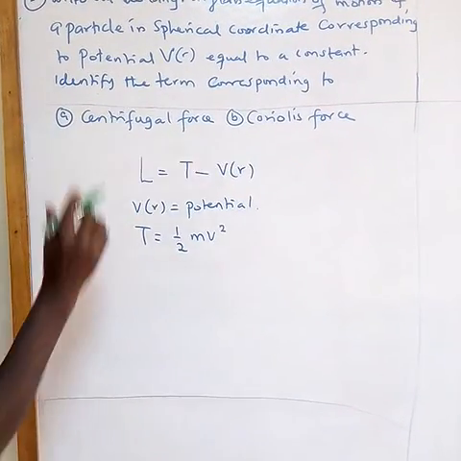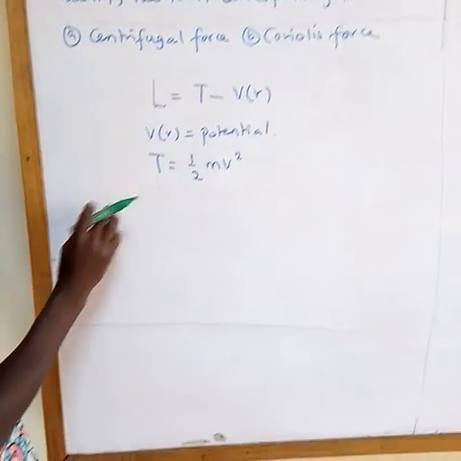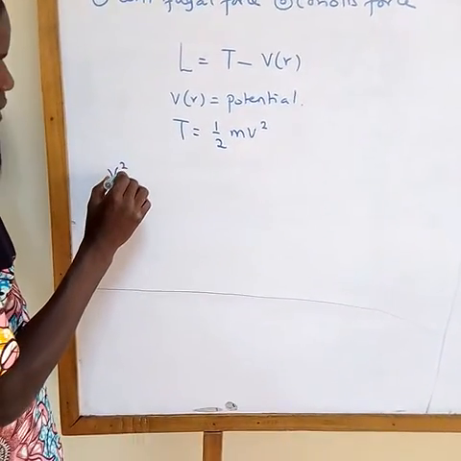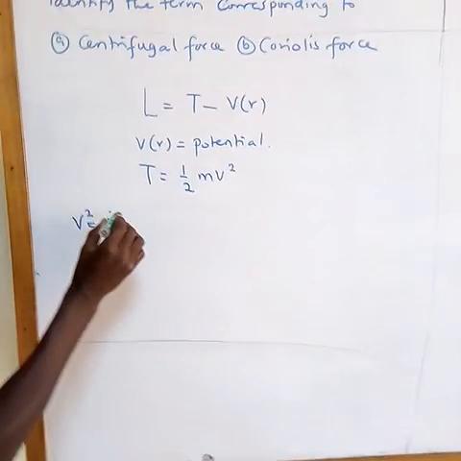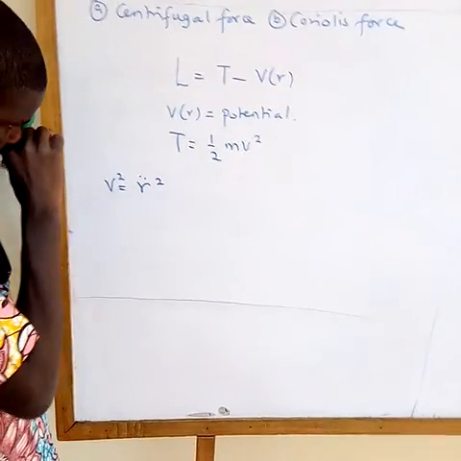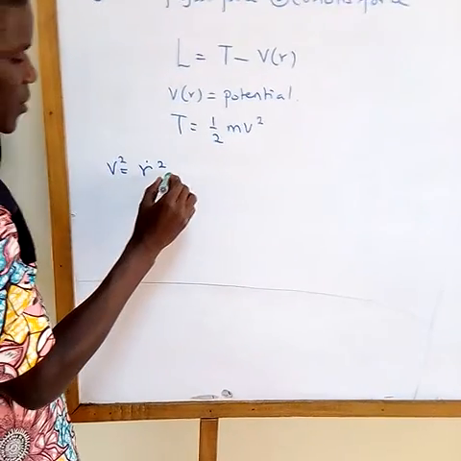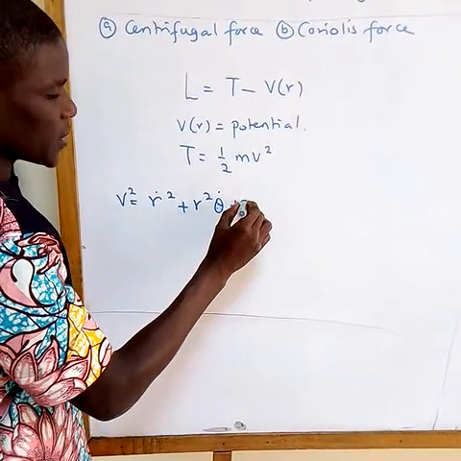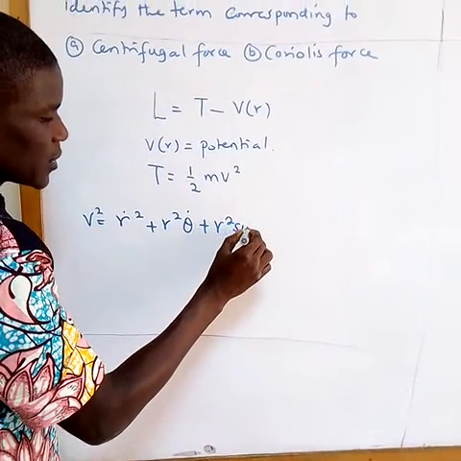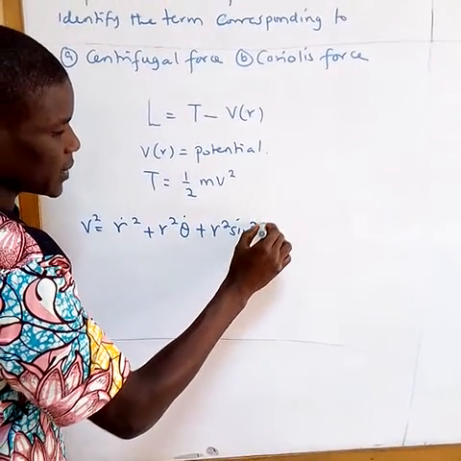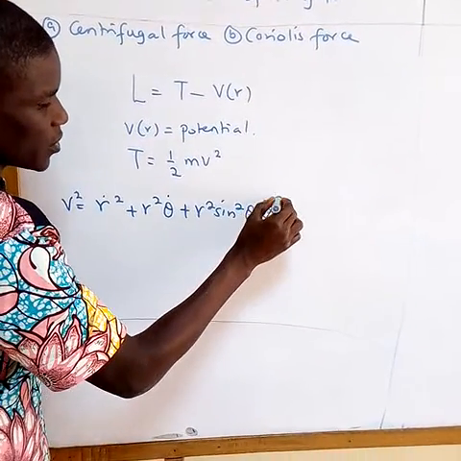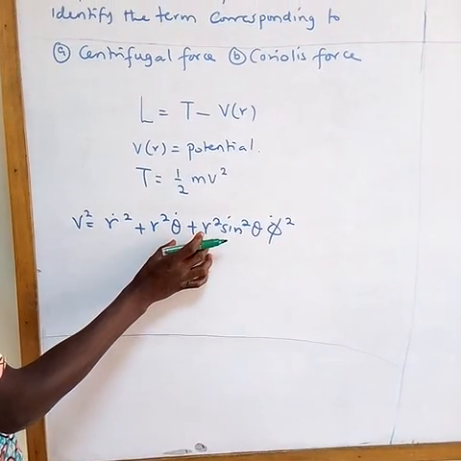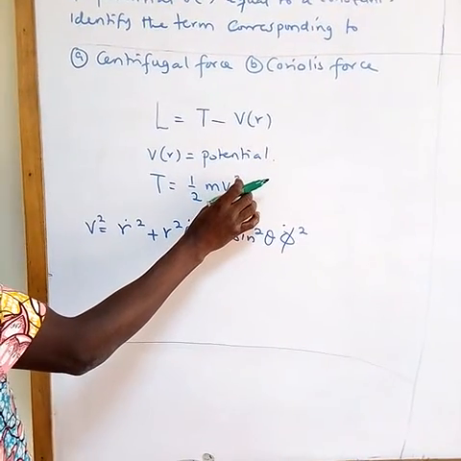But for a spherical coordinate, our v squared is the same thing as r dot squared plus r squared theta dot plus r squared sine squared theta phi dot squared. So we are going to introduce this into this particular expression.